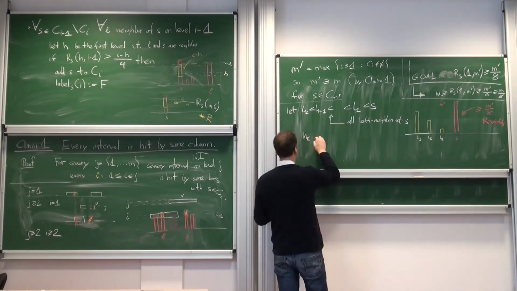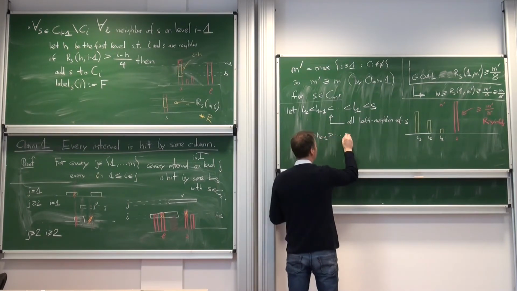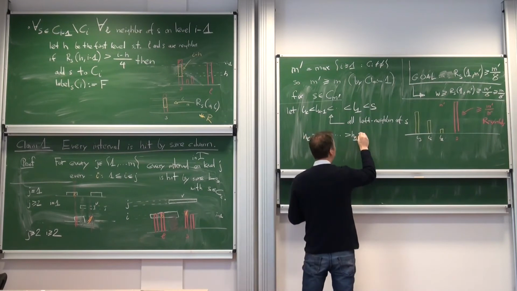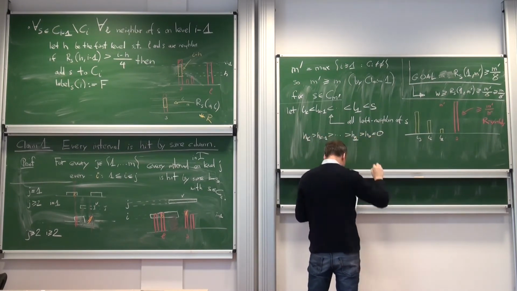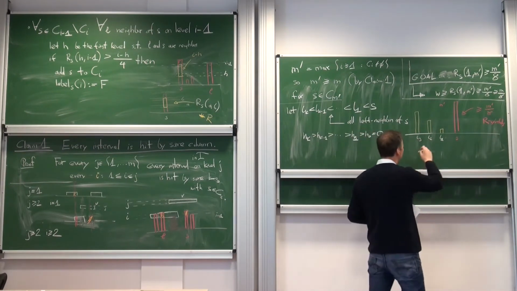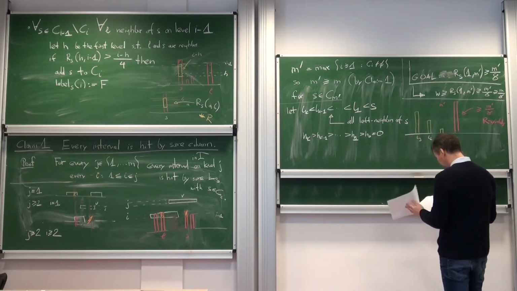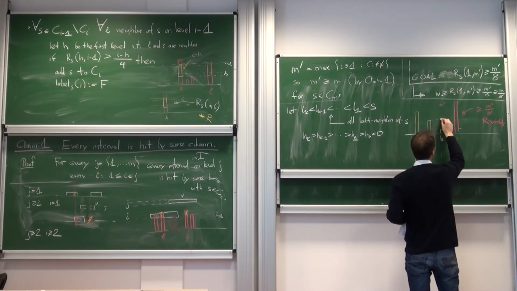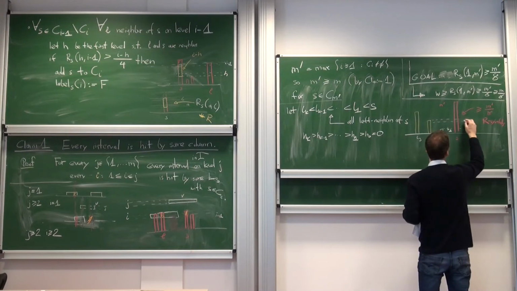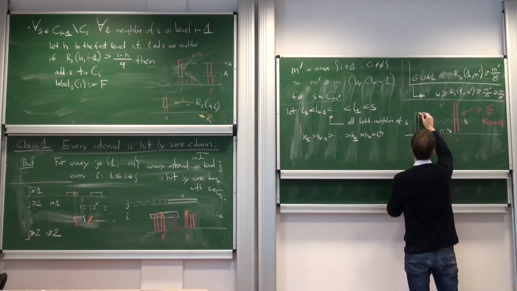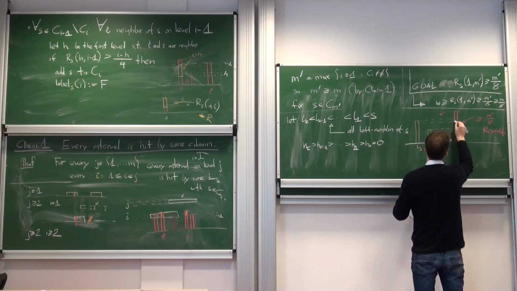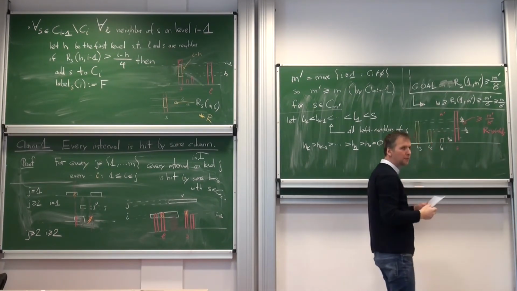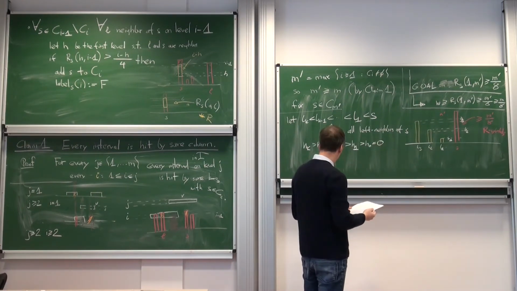So we will have hk, which is greater than hk minus 1, and so on, greater than h1, which is greater than h0 that we set to be 0. The idea is that the level here is h1, this level here is h2, and this level here is h3.